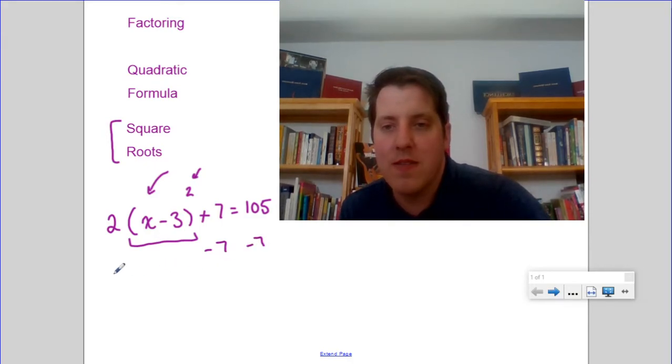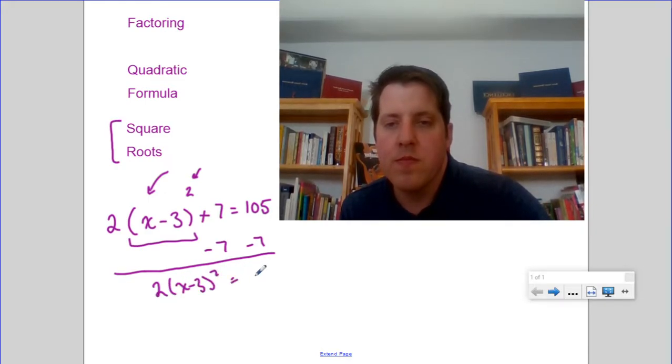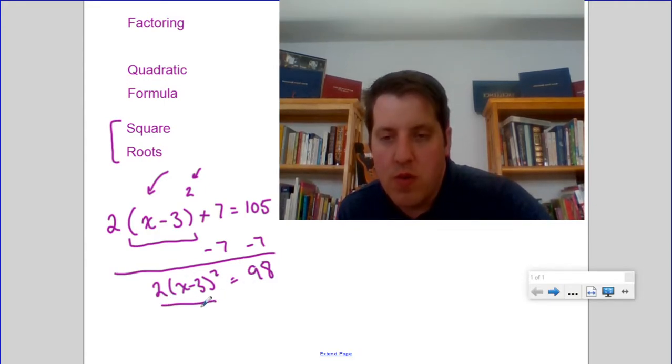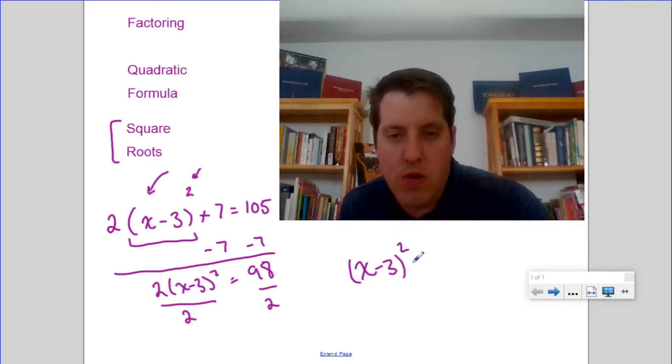I'm going to subtract 7 from both sides. Then I'm going to divide by 2. Again, the reason I'm choosing to do that is because what I'm trying to do is to get x minus 3 squared all by itself.